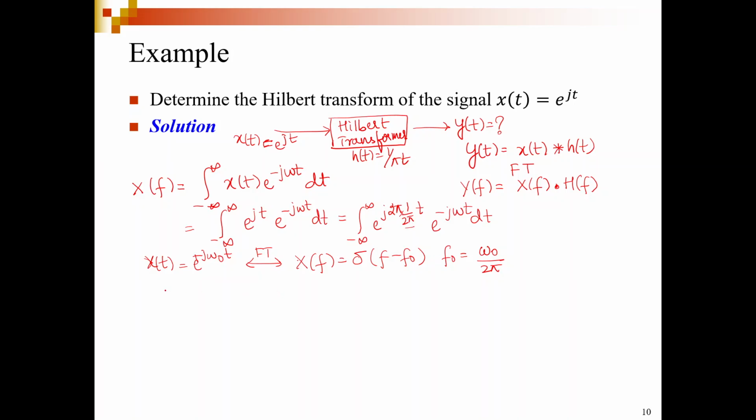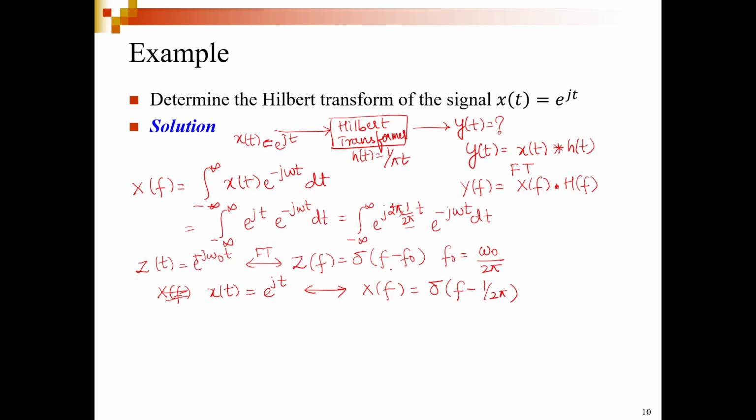Therefore, the Fourier transform of the given signal x of t equal to e to the power jt is x of f, which is delta of f minus 1 by 2 pi. How are we writing this? Let me take another signal, z of t, equal to e to the power j omega naught t.